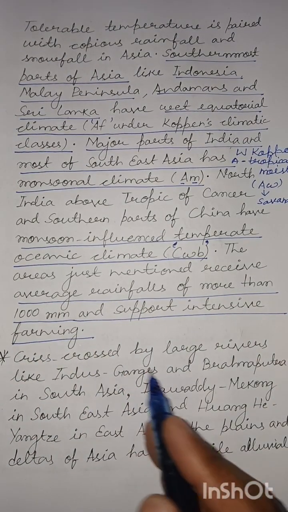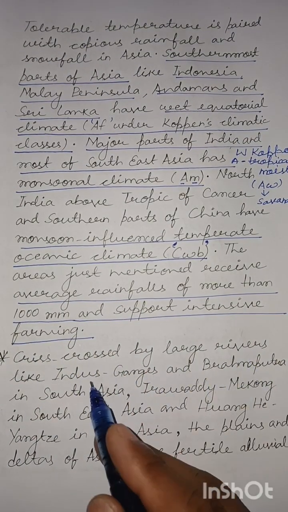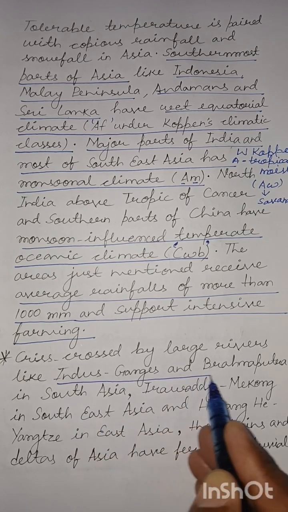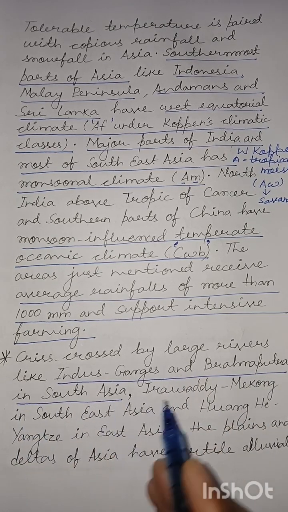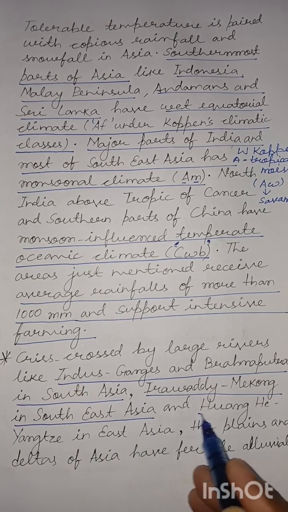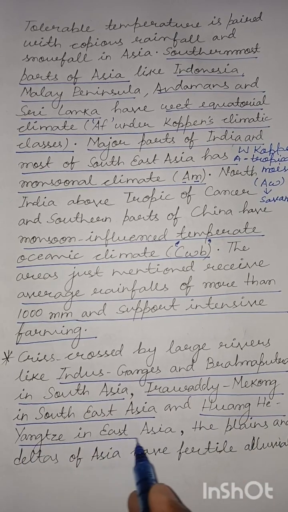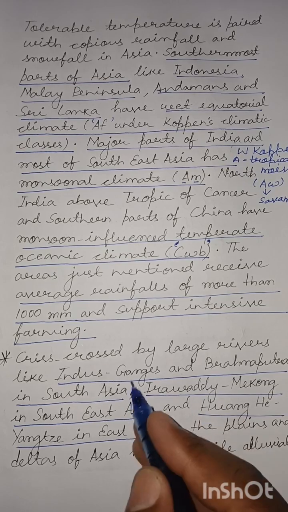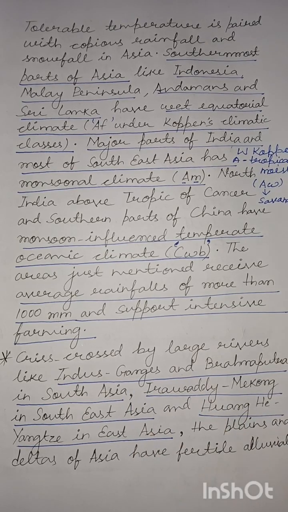Then, crisscrossed by large rivers like Indus, Ganges and Brahmaputra in South Asia, Irrawaddy, Mekong in Southeast Asia, and Wanghe, Yangtze in East Asia. These are some of the rivers of these particular geographies of Asia.